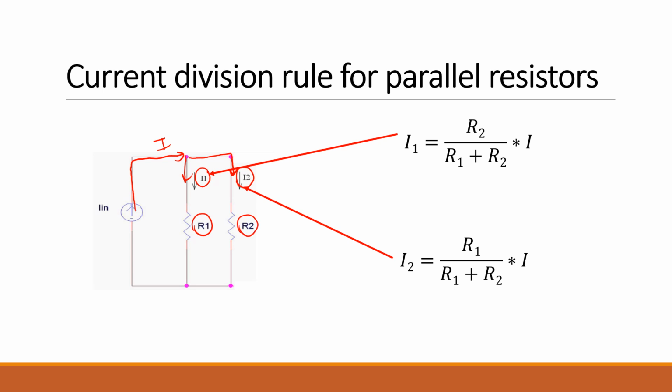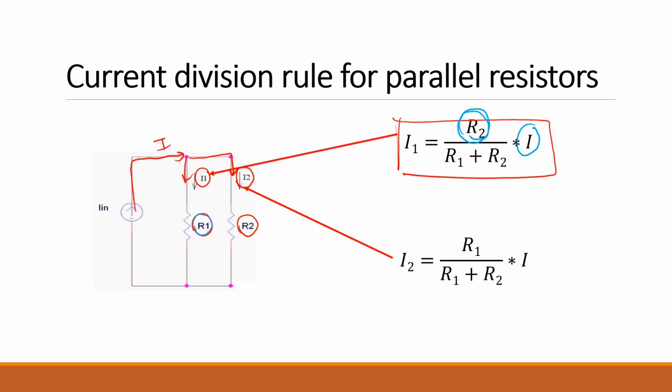To find the current I1, it is equal to the total current times the opposite resistance. So to find I1, which is going across R1, you have to use R2 divided by R1 plus R2. The current likes to flow in the easy path.